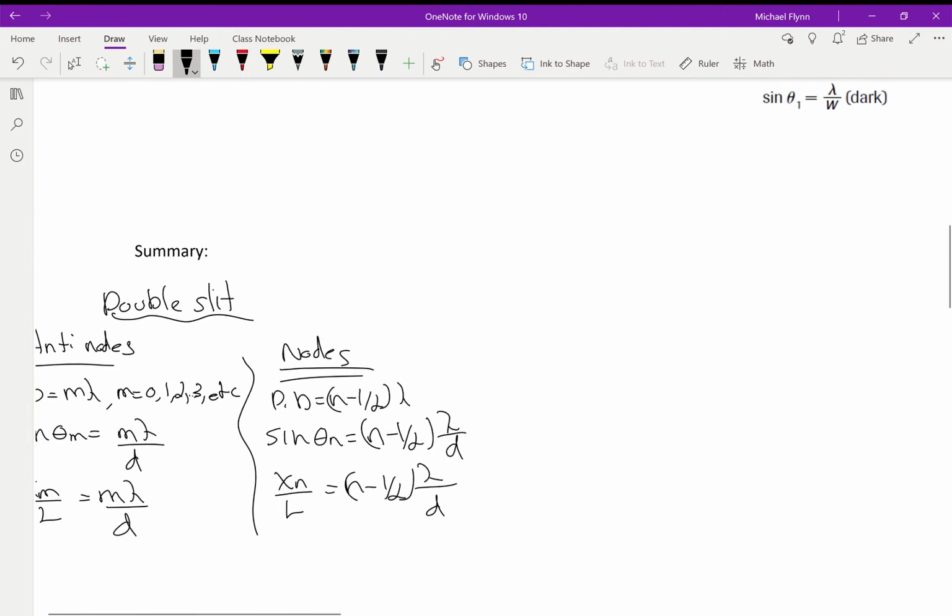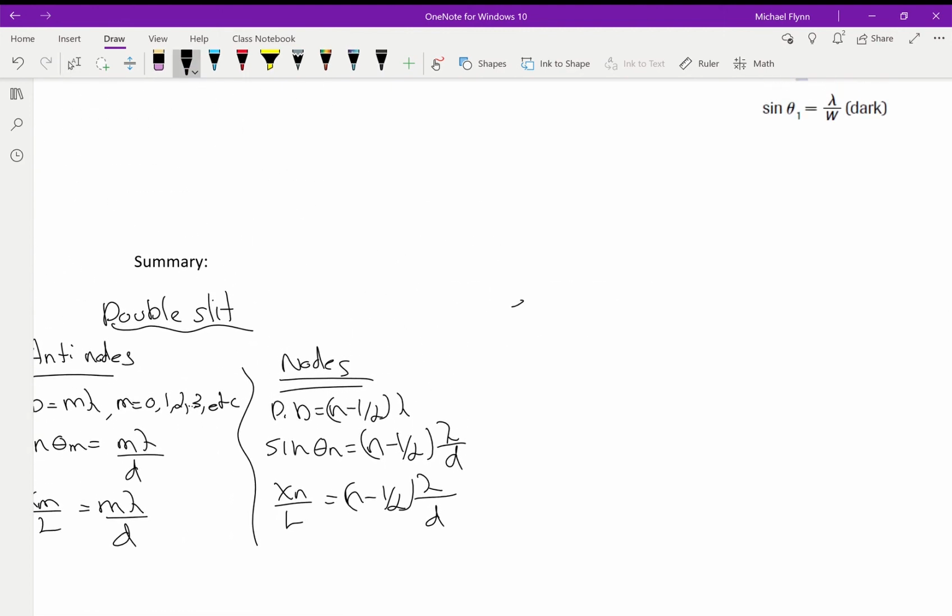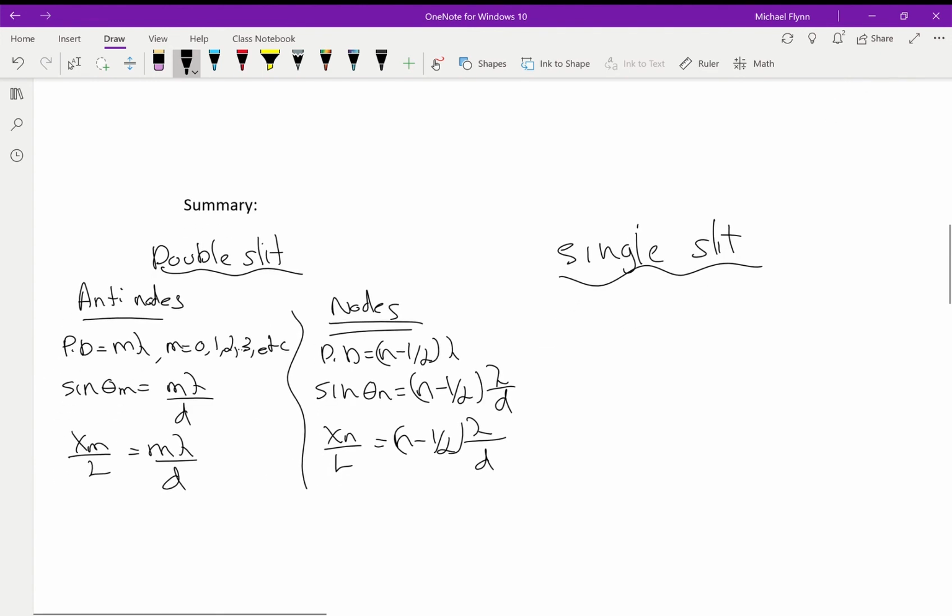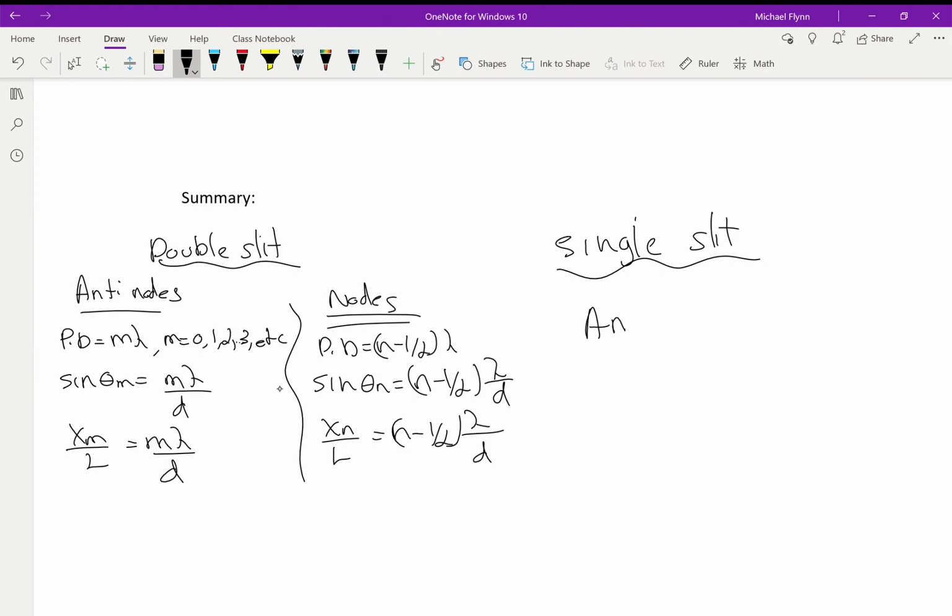Now, for single slit, that's really all you need to know, right? Single slit, it's a little different. So let's talk antinodes and nodes for single slit.